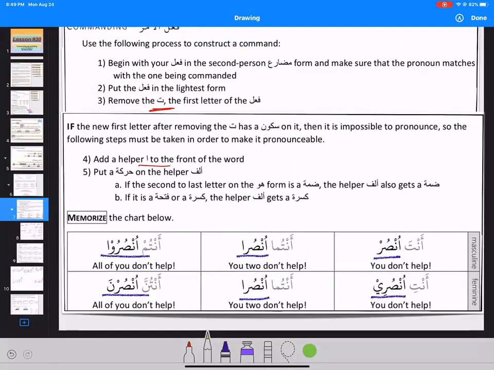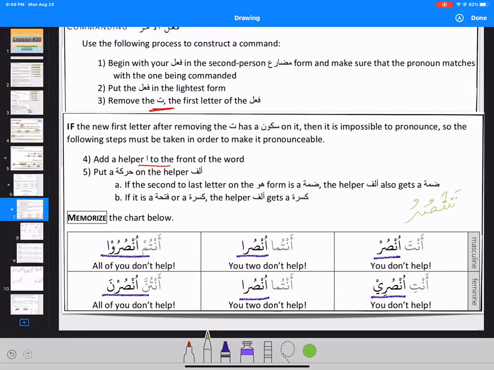Commanding has a little more step to it. So basically it was anta tansuru, right? First we need to make it majzoom.